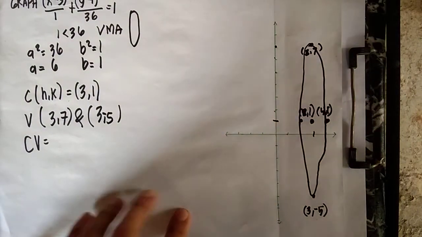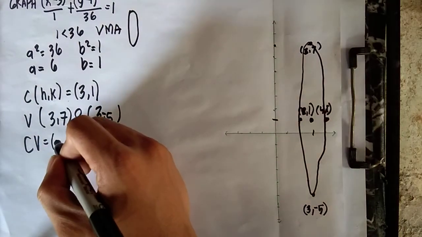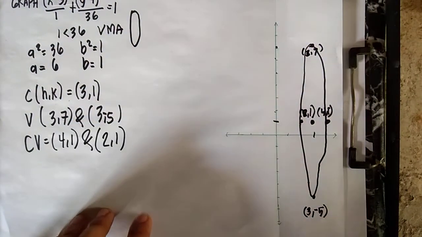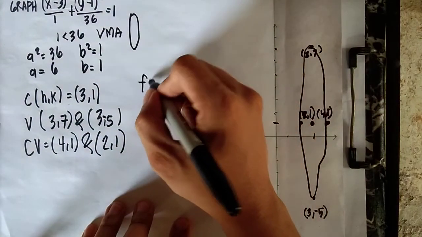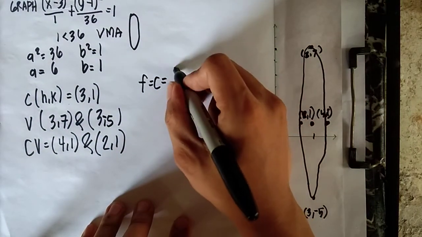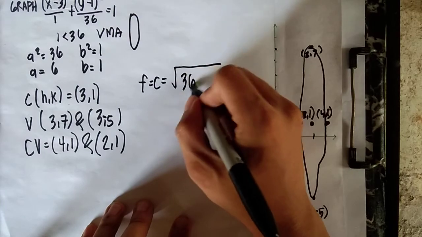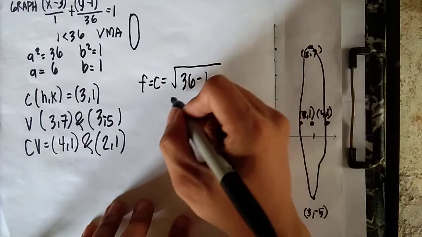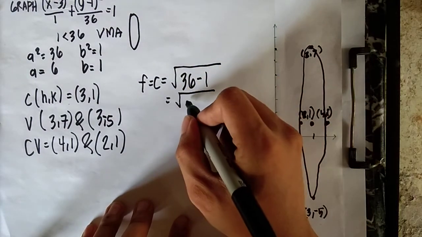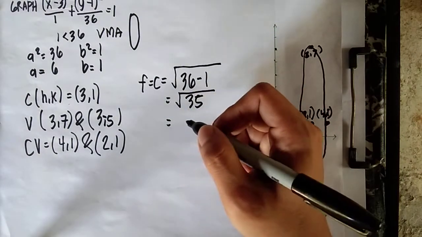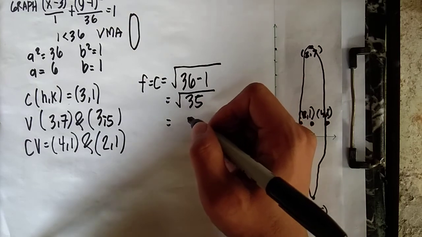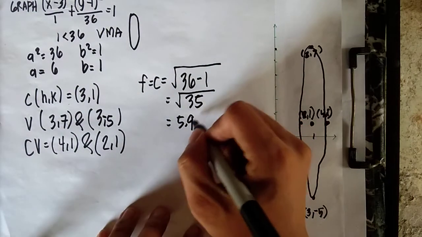And then, let's solve for our foci. Yung ating foci, or C, is equal to the square root of 36 minus 1. Or square root of 35. And then, the square root of 35 is equal to 5.92.